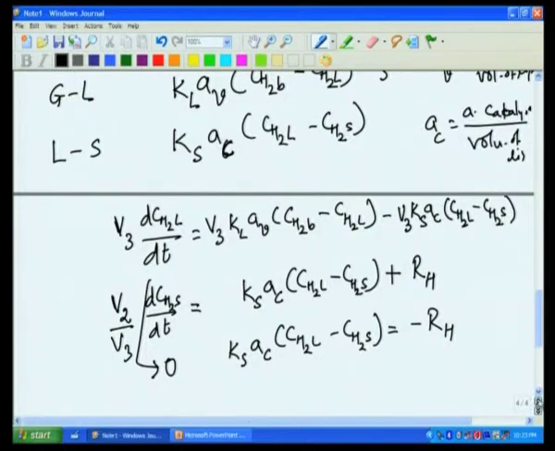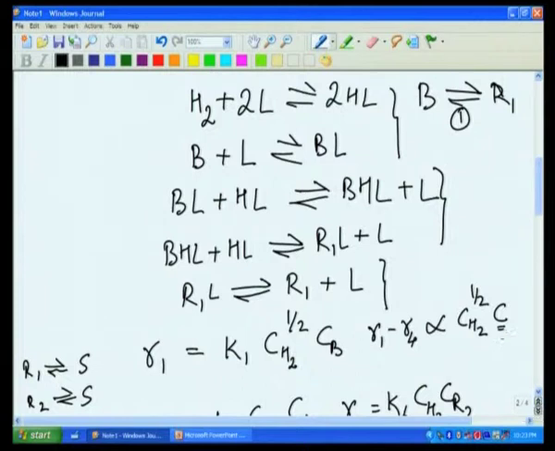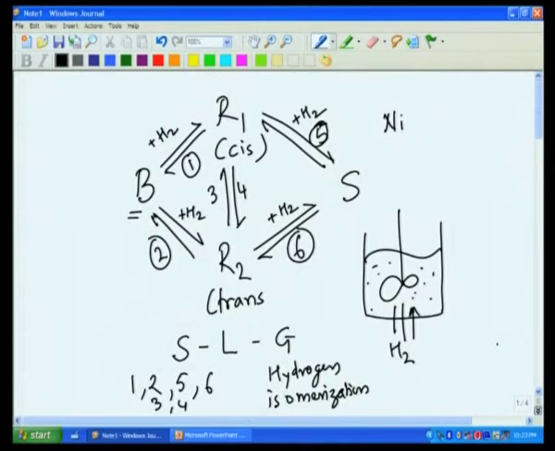Remember, if we go back to our reaction scheme over here, then the rate of hydrogen generation, of course, it will be consumption in this particular case, must be minus R1 plus R2 plus R5 plus R6, right, because the reactions R1, 2, 5 and 6 are the reactions in which hydrogen is consumed.